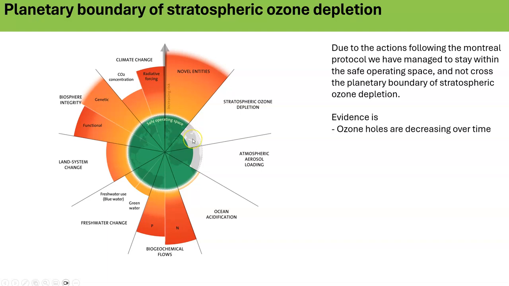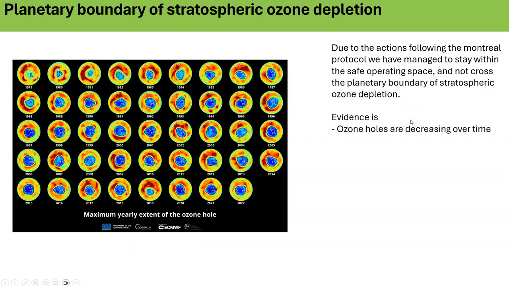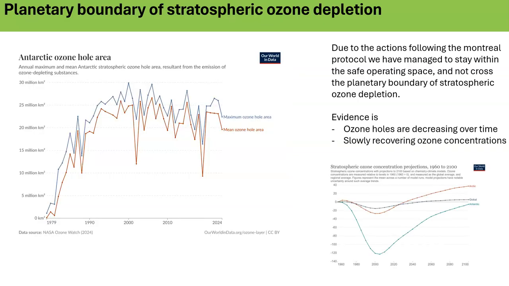The evidence for us actually staying within this boundary is that the ozone holes are decreasing over time. Look at that. This is not so clear, but here you see the ozone hole formation increased until the 2000s, and then there's potentially a way to see that they're smaller now. But this graph shows it slightly better. This is the maximum ozone hole area and mean over time.